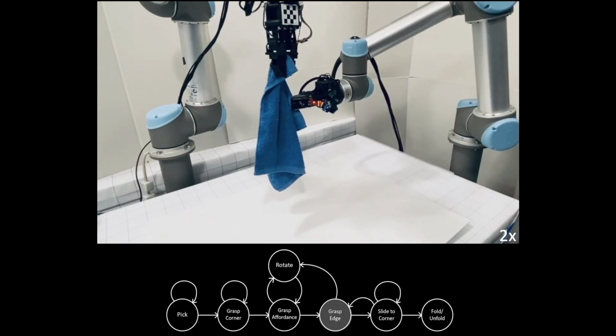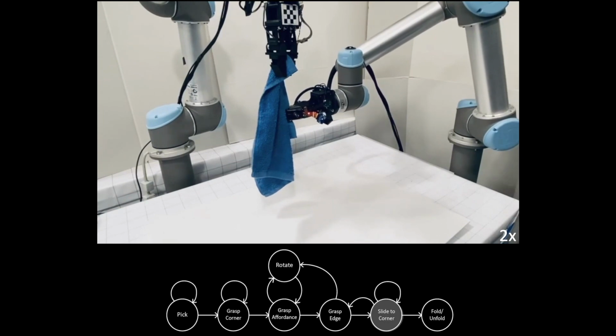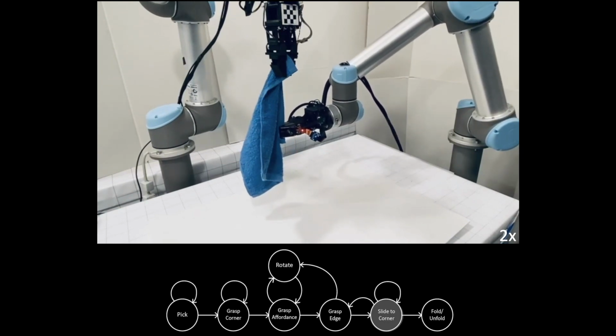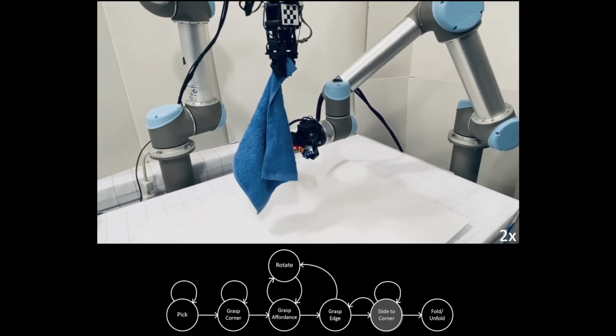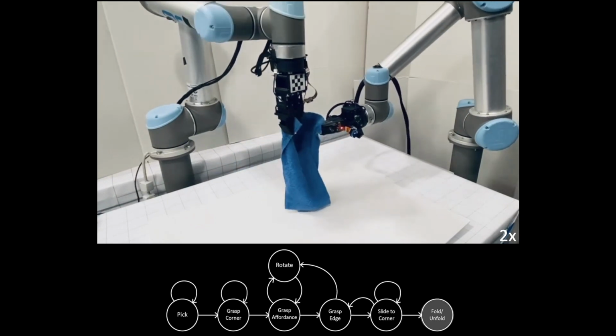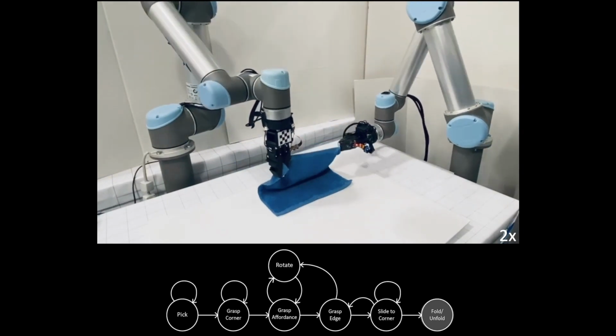Once the robot grasps an edge, it can slide along the edge under tactile control until it finds the corner. Once it grasps the corner, it can do other tasks, like unfolding and folding.